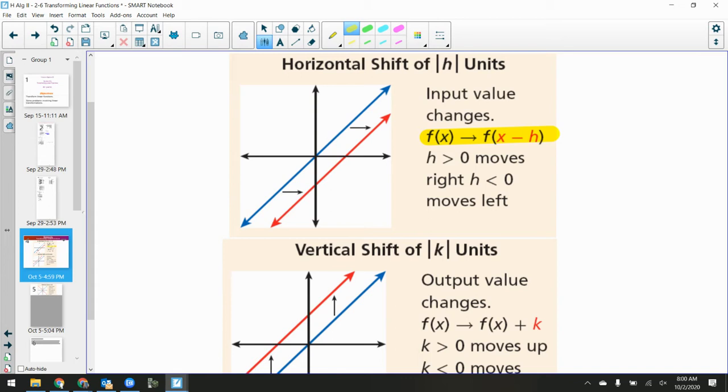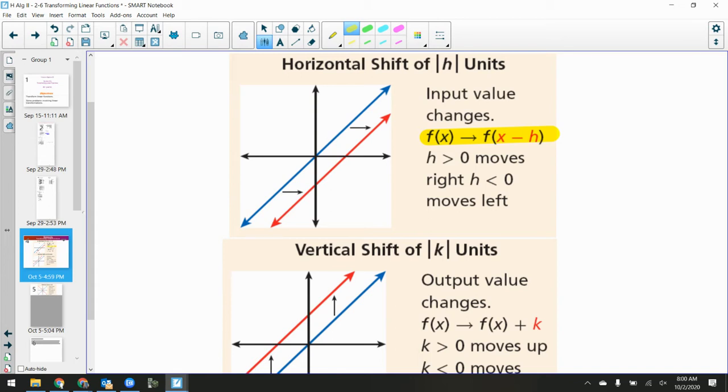So I am going to do an example. So here are all the transformations. I'm going to do an example on a particular type of function. I'm just making this up: 2x plus 3. So f of x is 2x plus 3. If I wanted to shift it, what do you guys want to do?